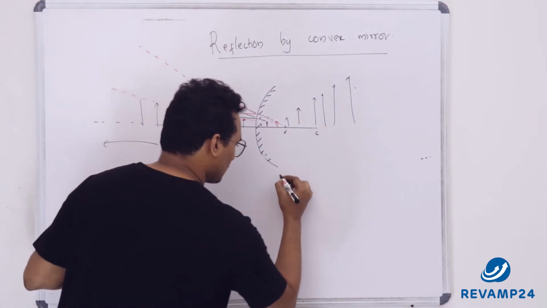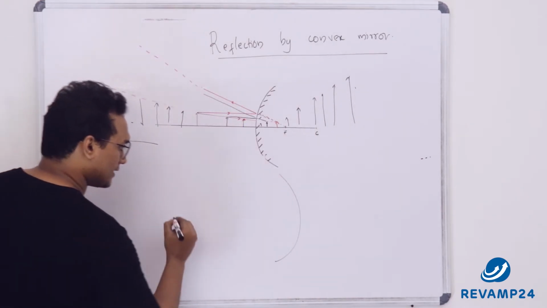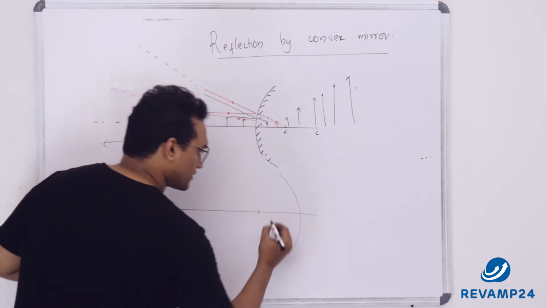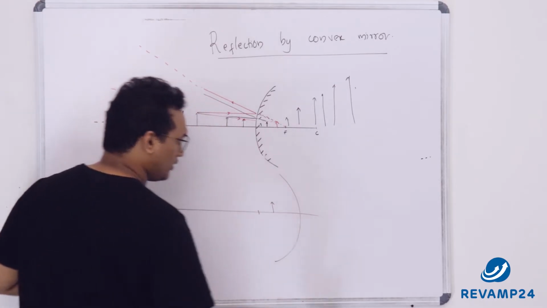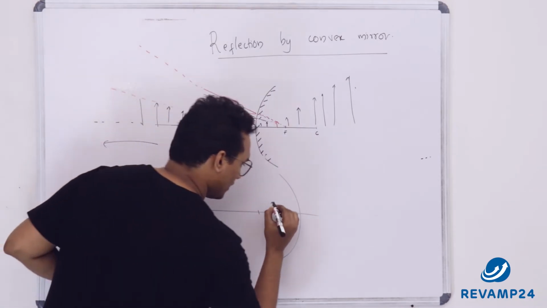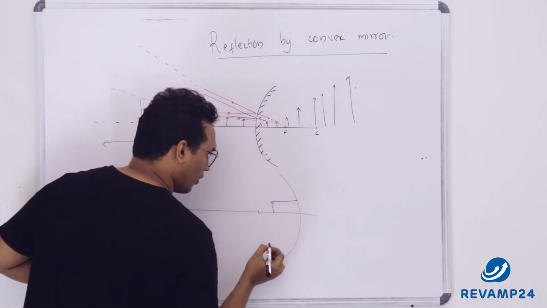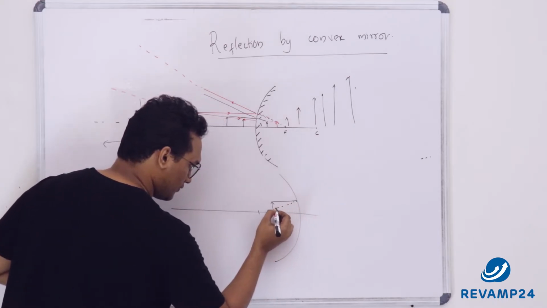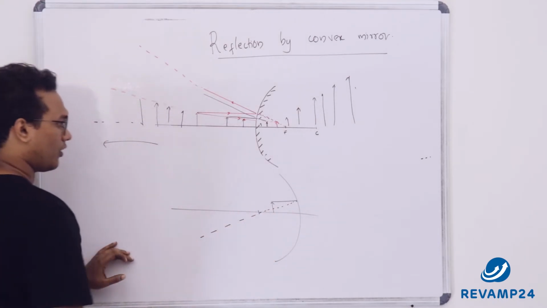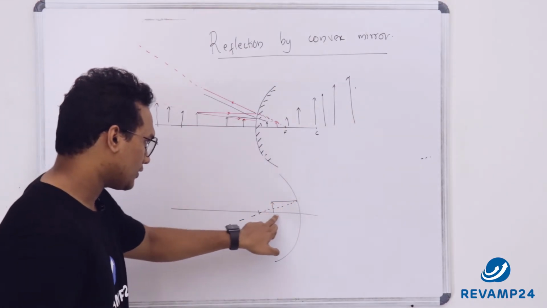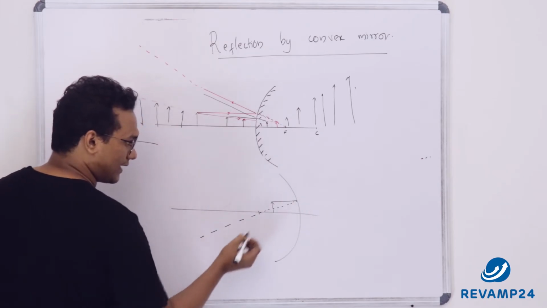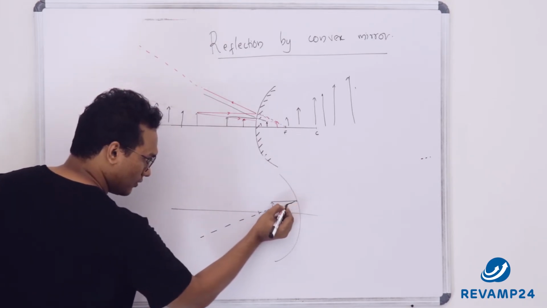At the same time, in the concave mirror, what we have seen is when we keep the object in between the focus and pole. So this is a small object I have kept. Now this ray would go through the focus after reflection, because this line is parallel to the principal axis.